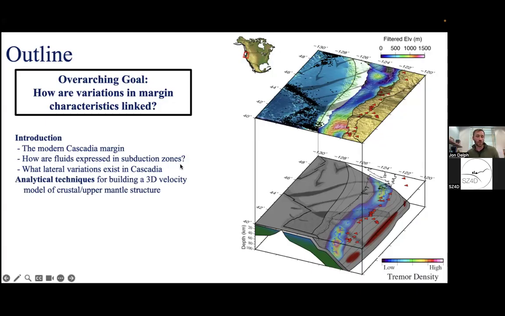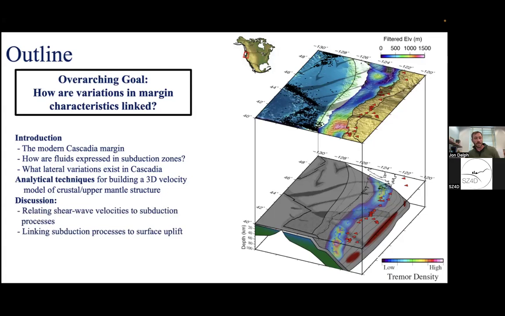and uppermost mantle structure. And then I want to focus on two major topics in this talk, relating the shear wave velocity structure that we see along the margin to subduction processes, and then linking that to surface uplift features, things like topography. Of course, in order to gain insight into these, we need to have some model that is sensitive to the depth range over which the structures that link these things are operating.